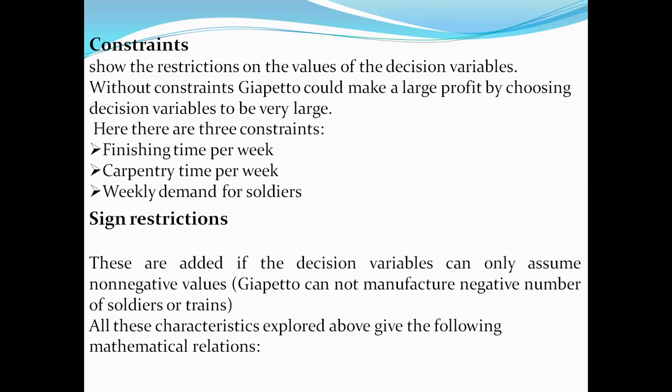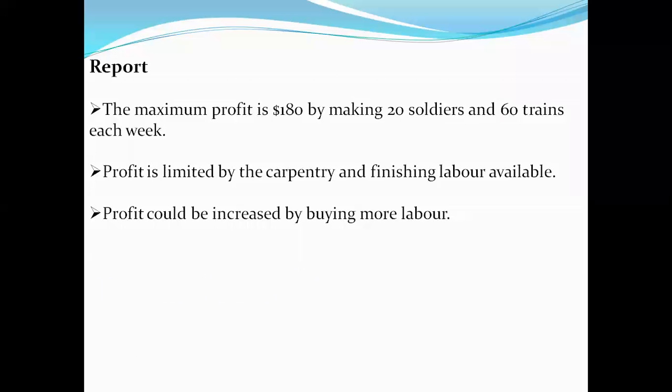So only 24 is occurring. But the object is sold for 27. So to calculate the difference, we get $3 as profit. Hence there are no negative signs. So here sign restrictions play a major role in generating mathematical relations.